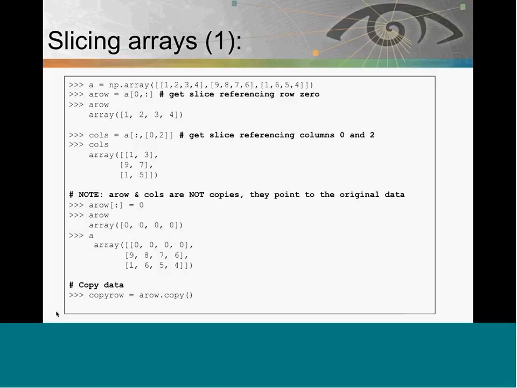So that's my first row, row 0. If you want to get the slice of column 0 and column 2, you can use a colon and in brackets 0, 2, and you get 1 3 9 7 1 5, which are your column 0 and column 2 values from all the rows.